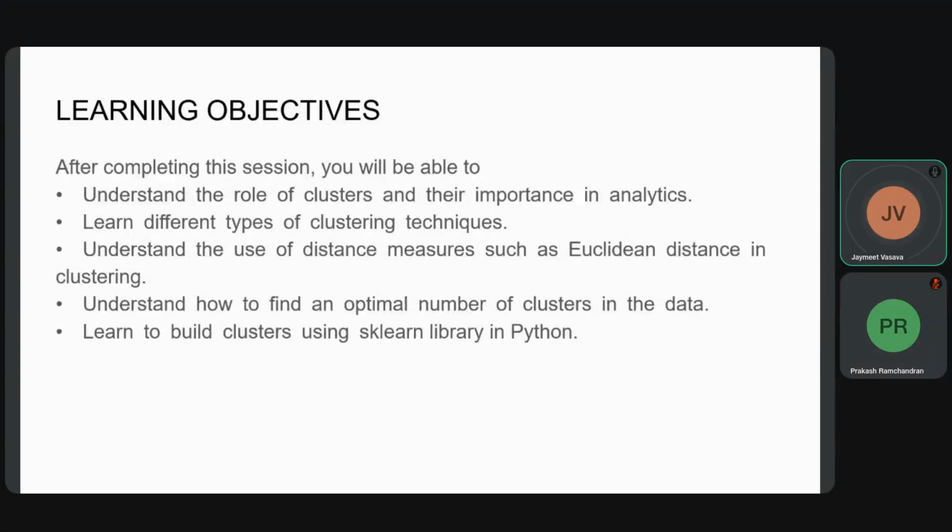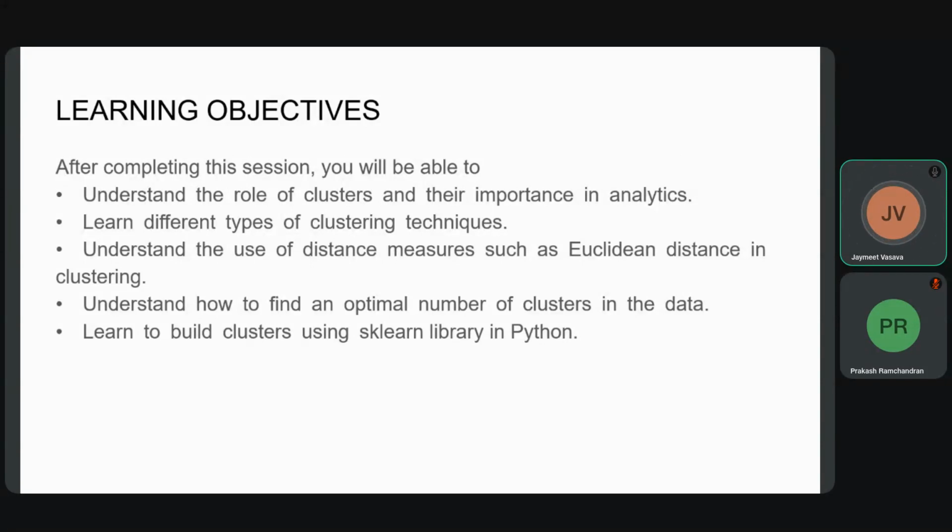First of all, the learning objectives or the goals for this session. We will discuss clustering and its importance in analytics, learn different types of clustering techniques, how the clusters can be measured, and what the different measuring methods are.